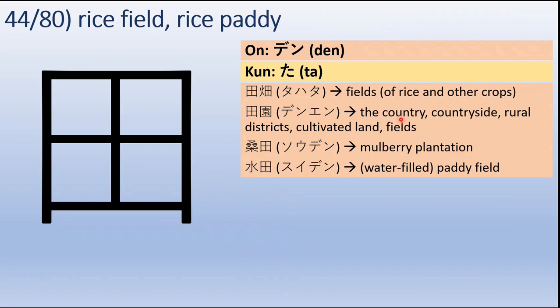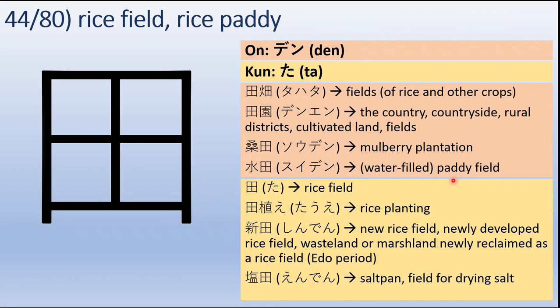Dennen means the country, countryside, rural districts, cultivated land and fields. Then we have soden. Soden means mulberry plantation, and we have suiden, which means water filled paddy field, that is paddy field that is filled with water, especially at the time of sowing of the saplings.